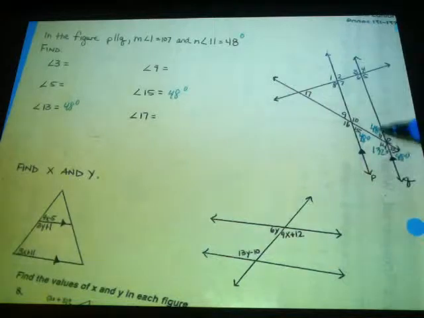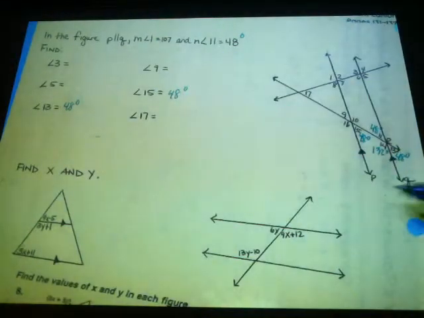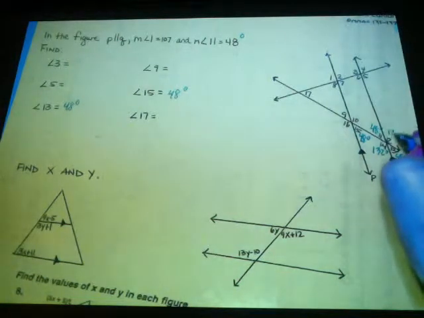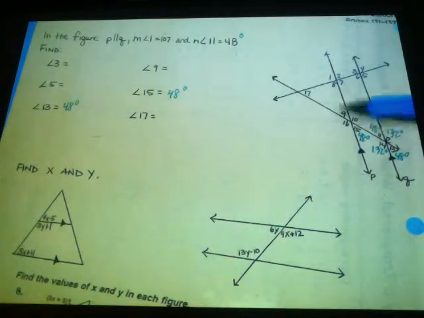These two are a linear pair, right? So angle 14, we didn't have to find it. That's okay, we would have found it anyway, because we're going to find them all. So what does angle 12 equal? 132. Why? They're vertical. All right, so we've got all four of those.